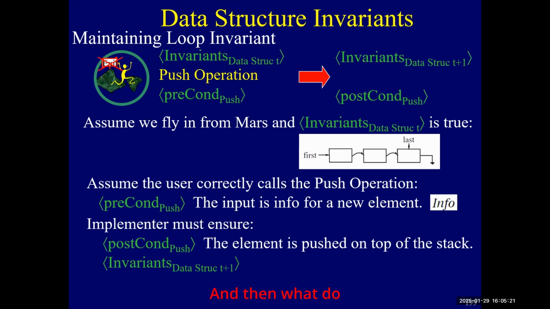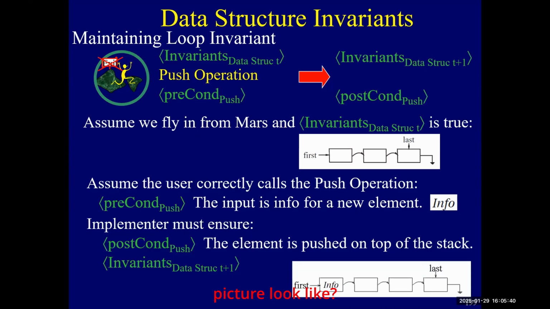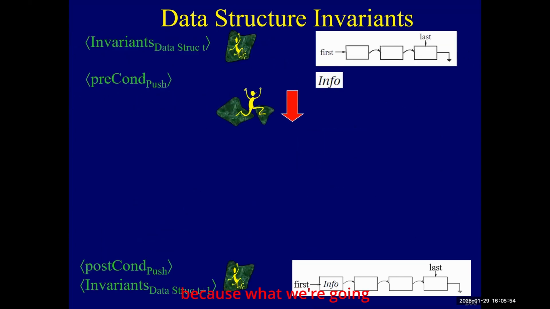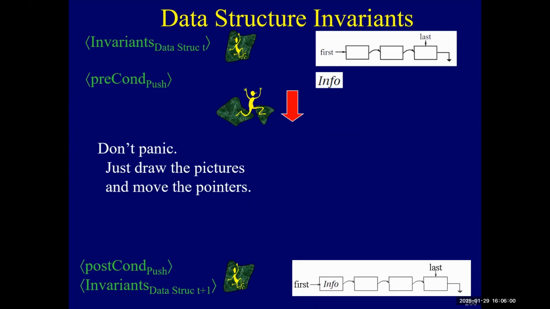Then what we have to ensure after the code is, one, that we do what the push requires, which is that we push that object on the top, and that we maintain the system invariants. So what should the picture look like? You draw what the picture should look like. Everybody agree with this? It's useful to draw the before and after picture, because what we're going to do is write code to get from one to the other.